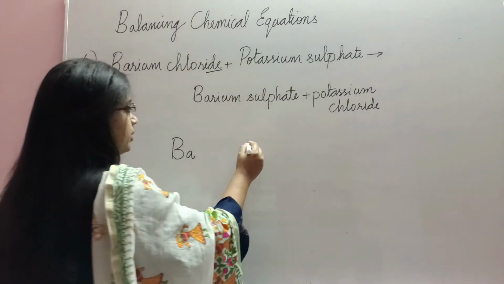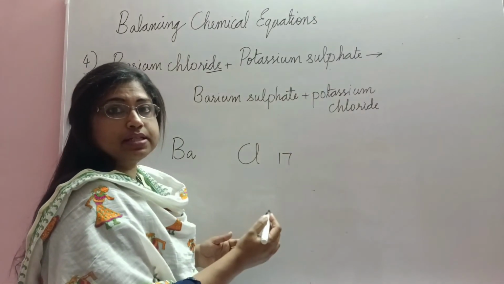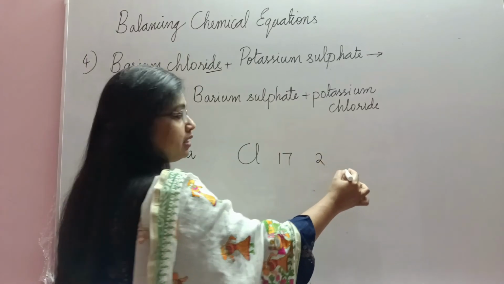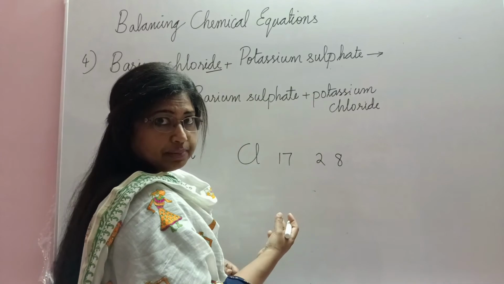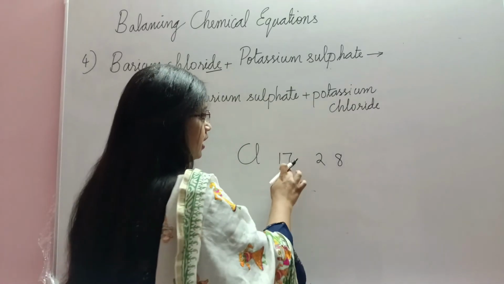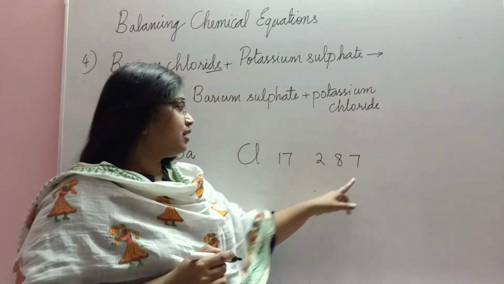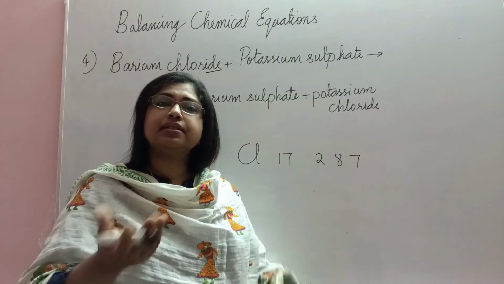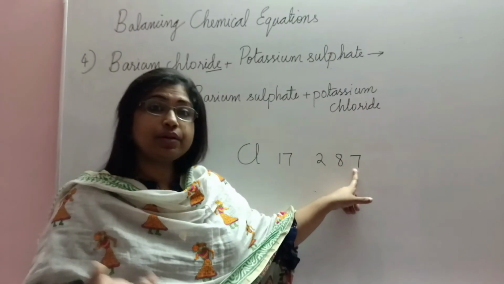The atomic number is 17. How will you write its electronic configuration? 2 electrons in the K shell, 8 electrons in the L shell, and 7 electrons in the M shell. Now already 7 electrons are there for chlorine. How will it achieve the octet configuration? By losing 7 or by gaining 1?